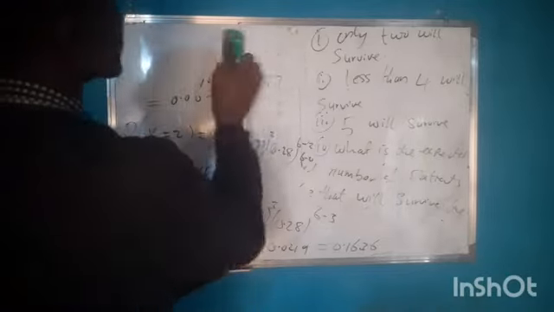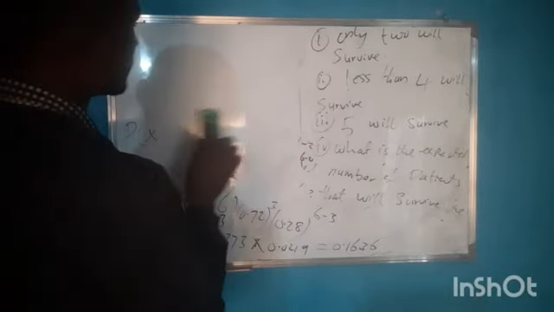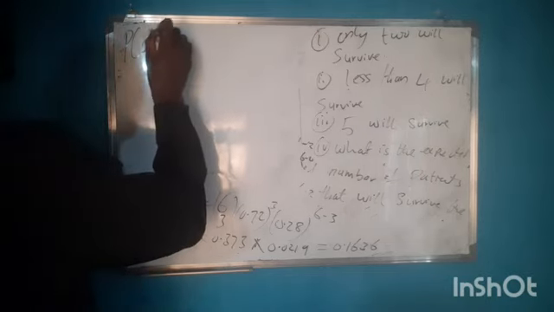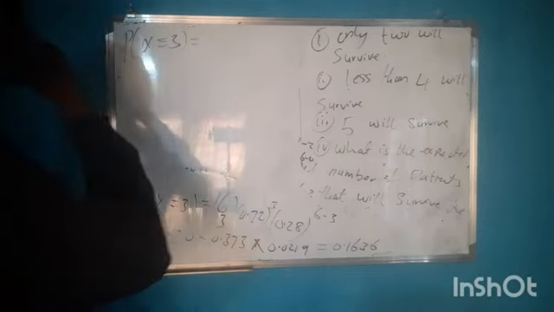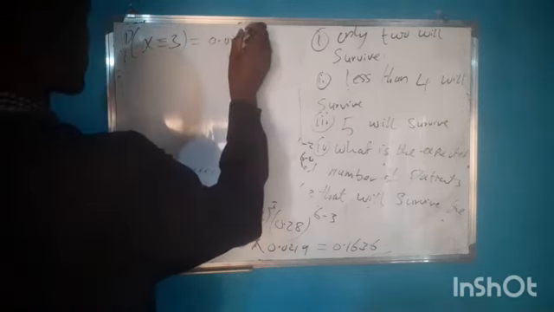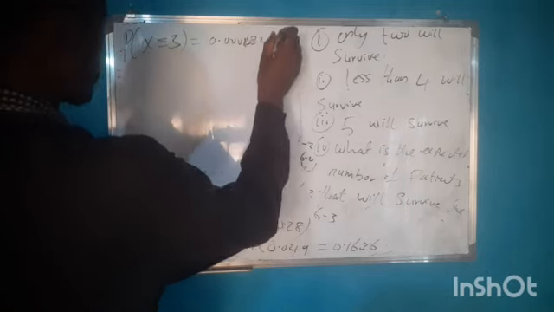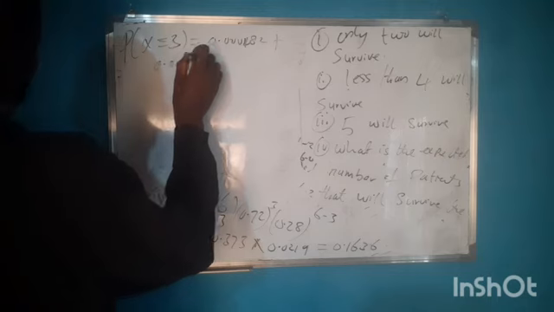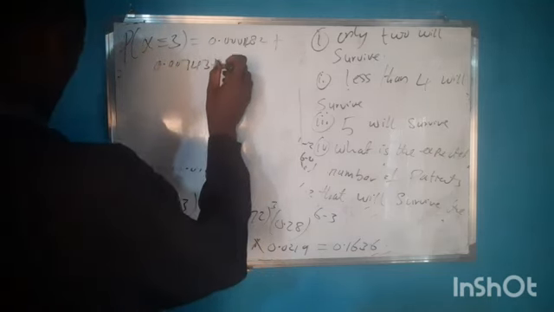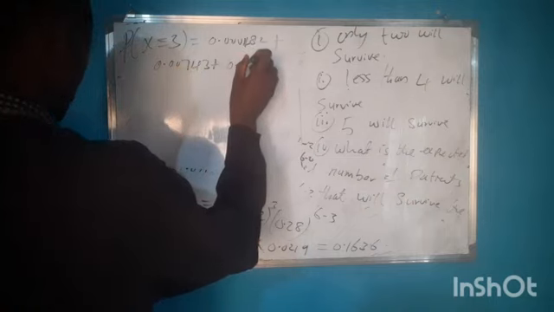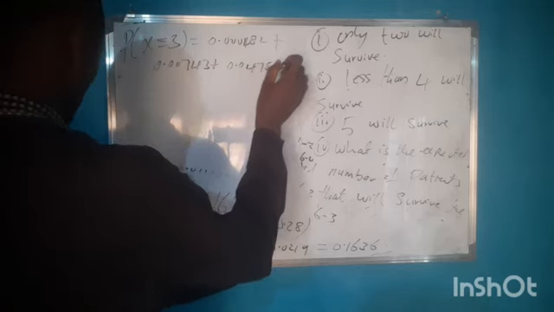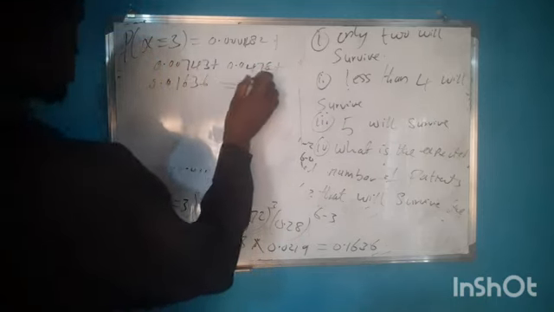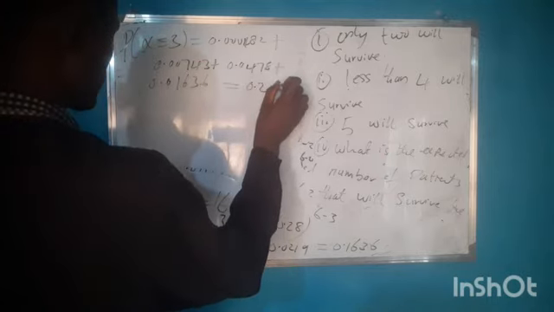So the probability that less than 4 will survive, which is equal to probability of x less than or equal to 3, is equal to 0.000482 plus 0.00743 plus 0.0478 plus 0.1636, which is equal to 0.2192.